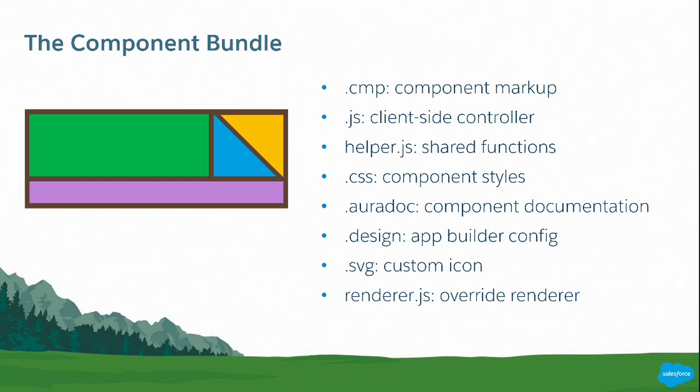The design file, which is how you essentially extend that component to the app builder, and of course a custom icon if you want. Now, I get a bunch of questions about the renderer. It's a component framework. Each component has a life cycle. Every time I've seen somebody go and try to affect this renderer, they end up taking it out.